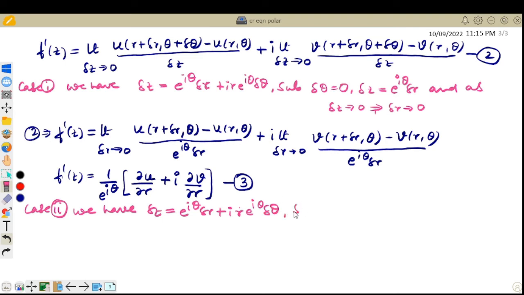Now you can substitute delta r equal to 0 this time. Delta r equal to 0 means delta z becomes i r e raised to i theta delta theta. And as delta z tends to 0, this right side tends to 0, or simply delta theta tends to 0.